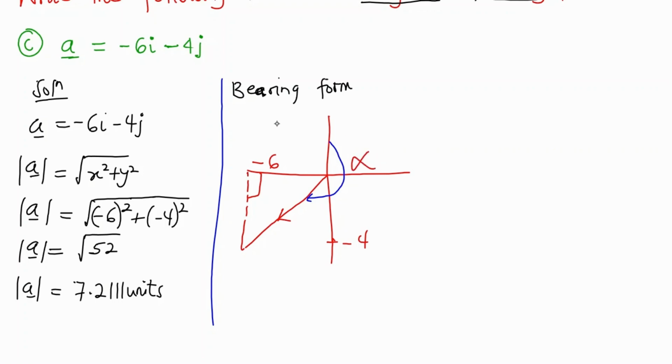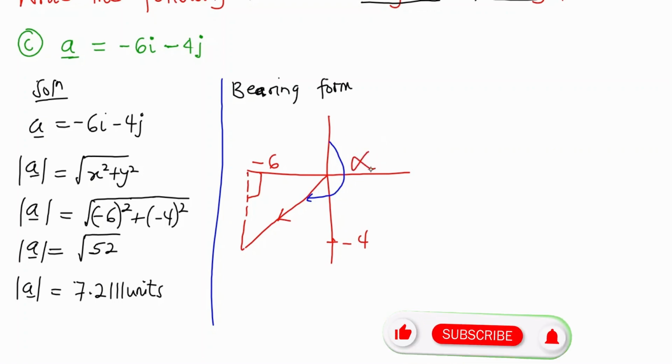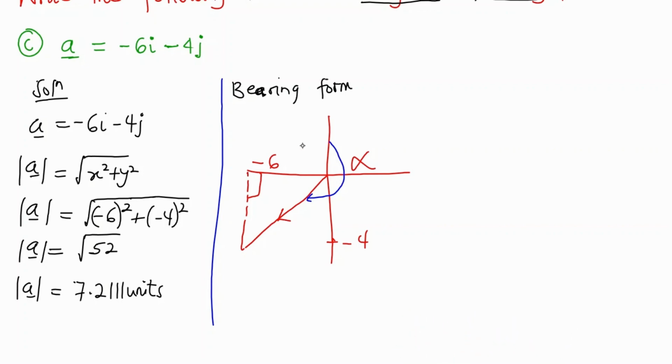That is the bearing of it. But we cannot find alpha here unless we represent the angle the vector makes with the x-axis by theta. So I can represent this whole side by theta, and that will help us to get theta, and doing so, we can easily get alpha as well.